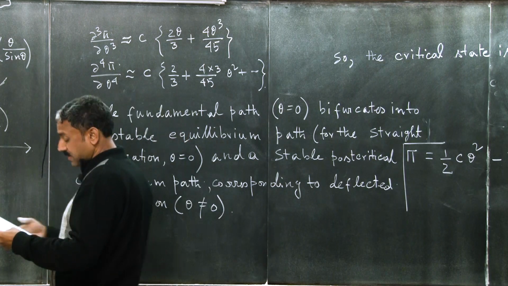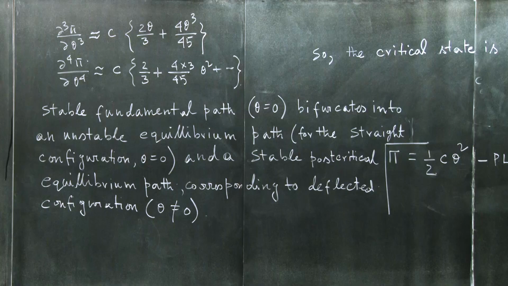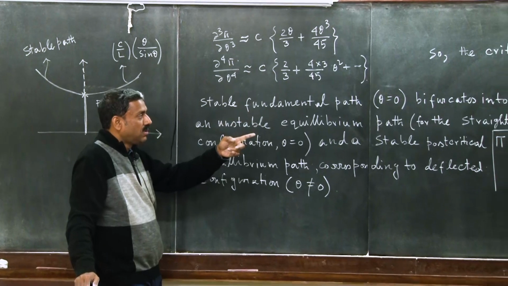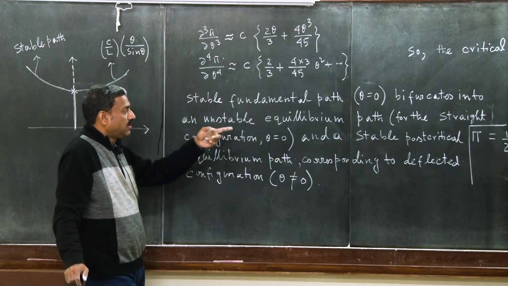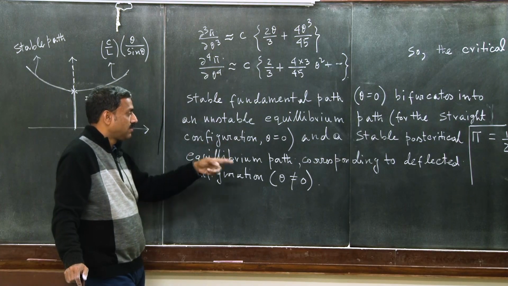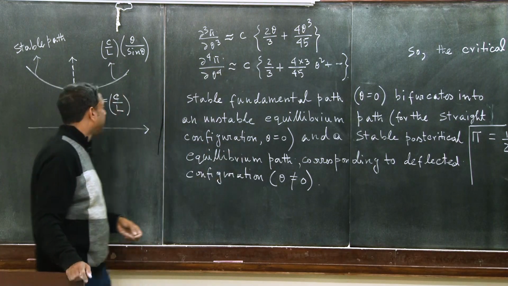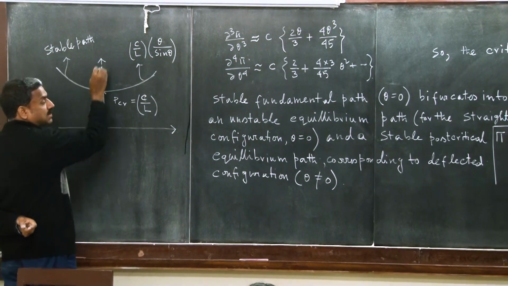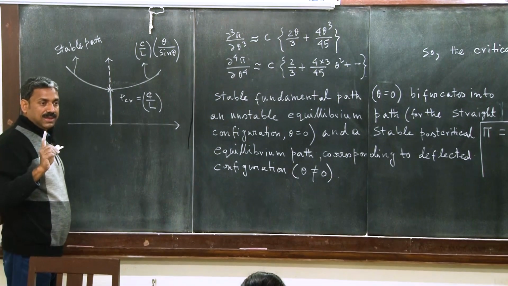Okay, is fine. I am reading it out, please note. Stable fundamental path theta equal to 0 bifurcates into an unstable equilibrium path for the straight configuration theta equal to 0, and a stable post critical equilibrium path corresponding to the deflection configuration. This was stable, this is bifurcating into a stable path, this is unstable. Clear to all of you?